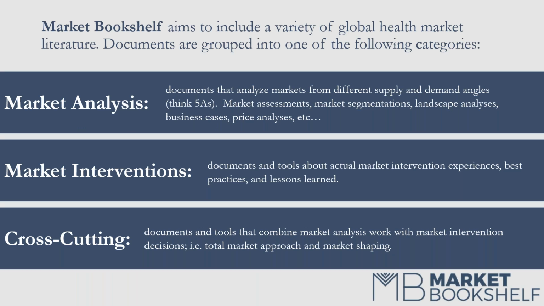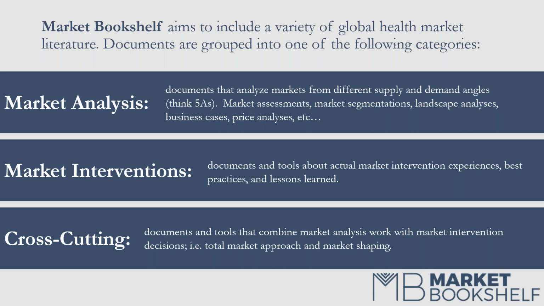Our aim is to think about a broad variety of global health market literature. We thought about this both from the standpoint of what to reach out to and access for inclusion, and also how to do the tagging, in designing the website and the search functions to make things easy to find.